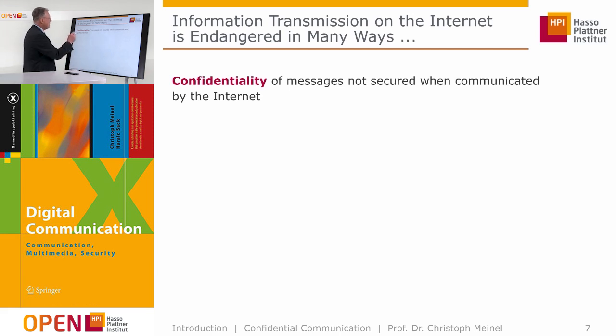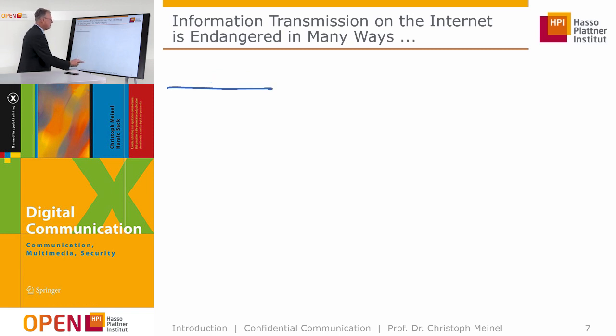A central point is confidentiality. The confidentiality of the messages, when we transport a message, email or other data through the internet, is not secured. The Internet is an open net as long as we do not take measures to prevent this.